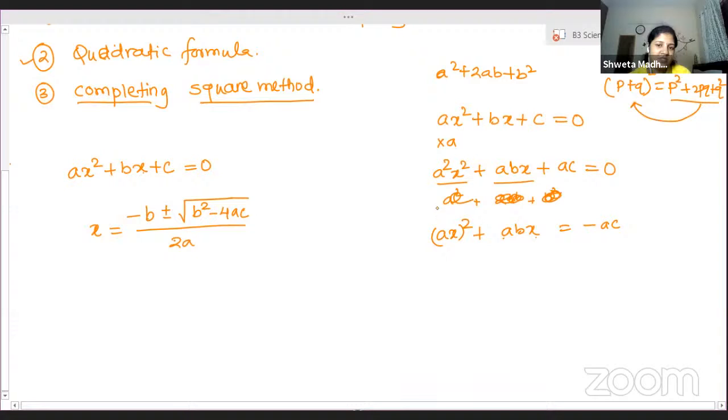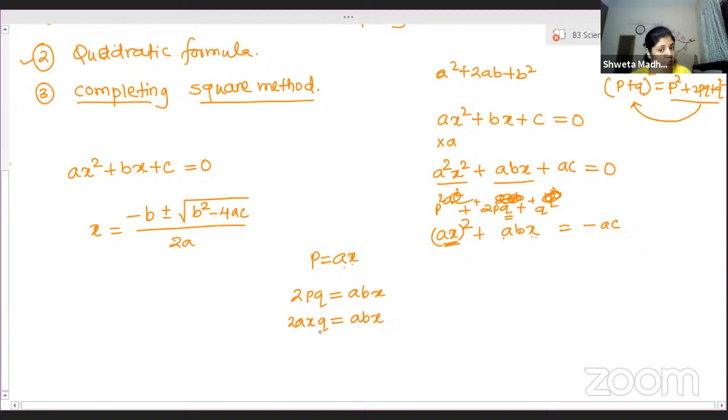So a square x square, that means this is p square. Now this should be in the form of 2pq and then we need to get q square. Now 2pq is abx. So the value of p is ax. Then what can be the possible value of q? We want to find out. So 2pq is equal to abx, where p is ax, so 2 into ax into q is equal to abx.